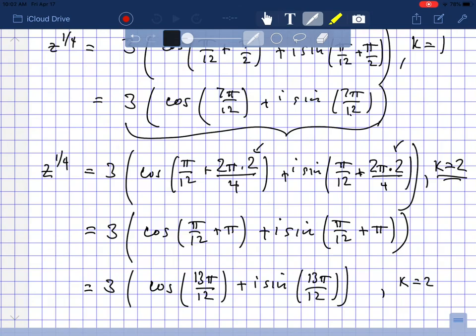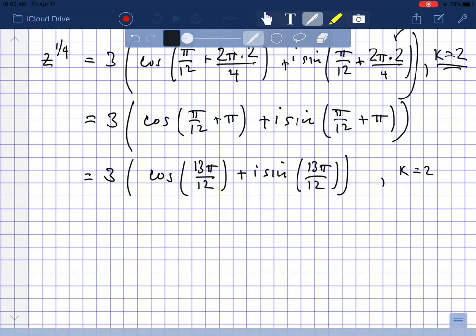And again, this is when k is equal to 2. Now let's look at k equal to 3.